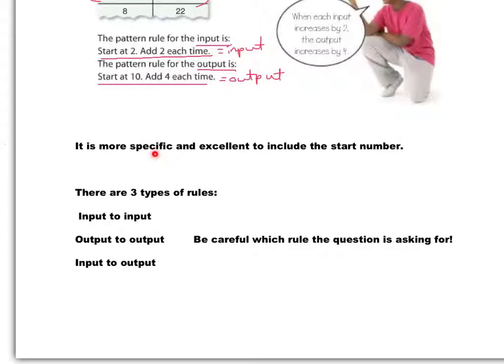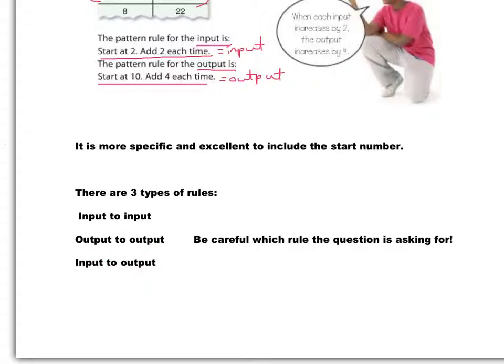Reminder, it is more specific and as a result excellent to include the start numbers. So try to include that start number to get yourself to the excellent understanding. Remember, by going above and beyond and adding that specific information, you show a deeper understanding. Also, keep in mind that there are 3 types of rules: the input to input rule, the output to output rule, and the input to output rule.